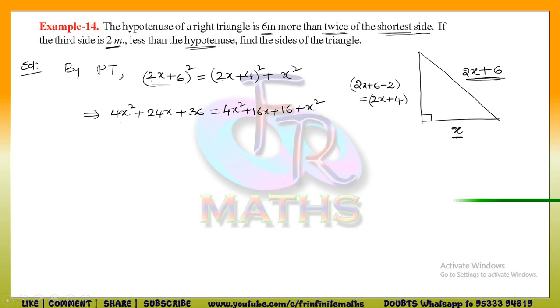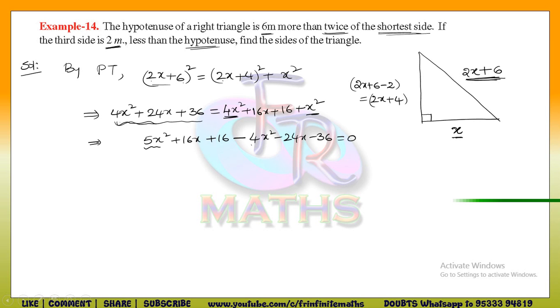Now when I transpose all these things to the right hand side, then what I am going to get: here 4x square plus x square is 5x square plus 16x plus 16 minus, so this whole thing I am going to transpose, then this becomes minus 4x square minus 24x minus 36 is equal to 0.